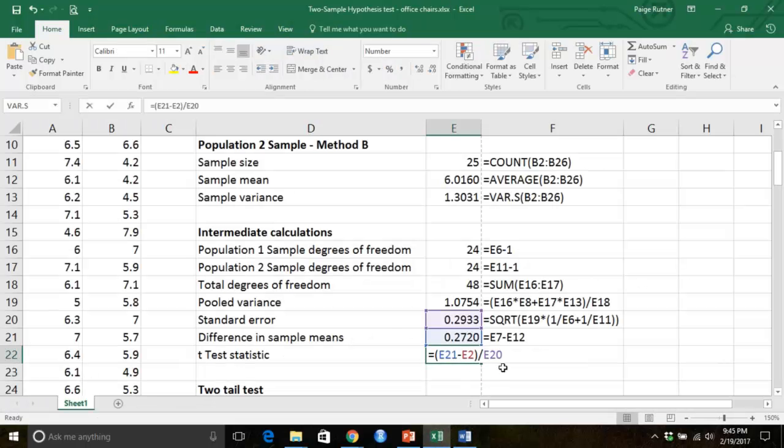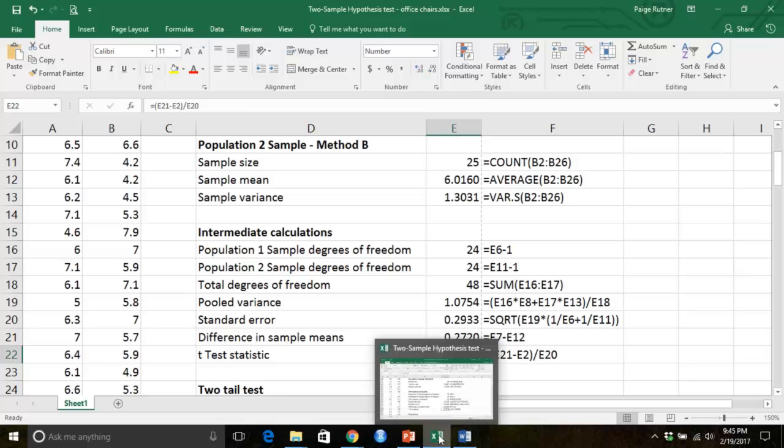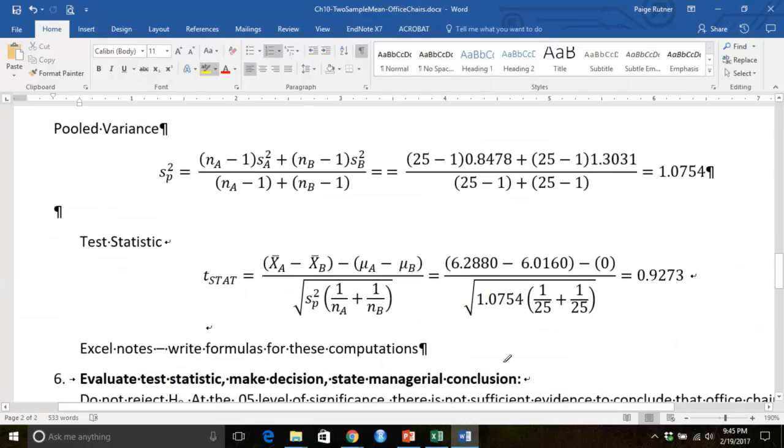Now, one thing I could do if I wanted to is, again, we've said that that hypothesized population parameter is almost always going to be 0. I could leave that out. I actually kind of like putting it in there for two reasons. One is that if I leave that in there, then I know that my formula is consistent with what I'm seeing here, so it helps me make sure everything is lined up.